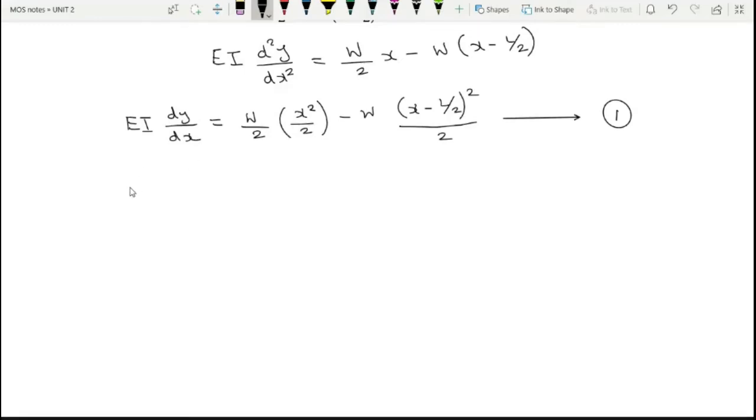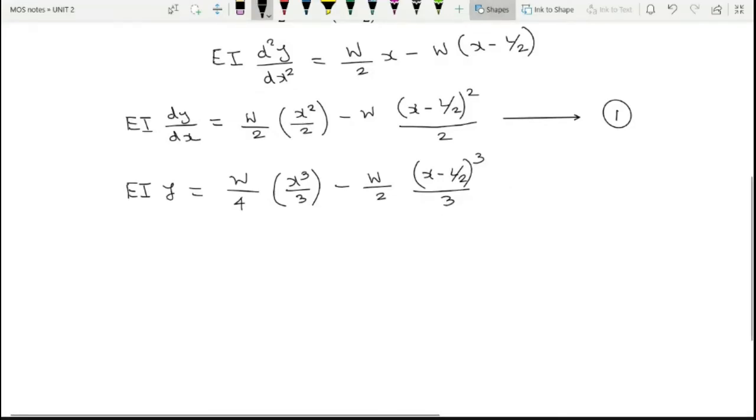Integrating again, we get EI y equal to W by 4, which is a common term I can take out, times x square, which on integration gives x cube by 3, minus W by 2, which I will take out, times x minus L by 2 the whole square, which on integration gives x minus L by 2 the whole cube divided by 3. This is my second equation, equation 2.